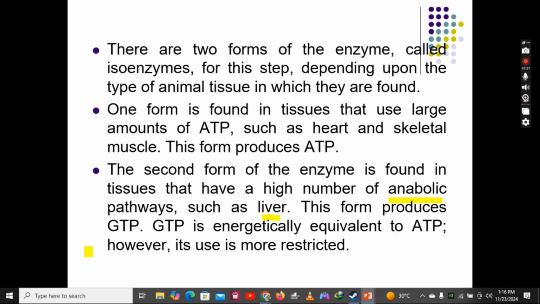This form produces GTP. You have to take note that GTP is energetically equivalent to ATP. However, its use is more restricted. That's the only difference: its use is more restricted, although it's energetically equivalent to ATP.